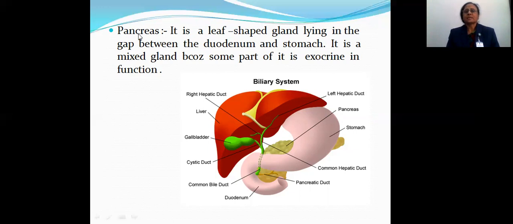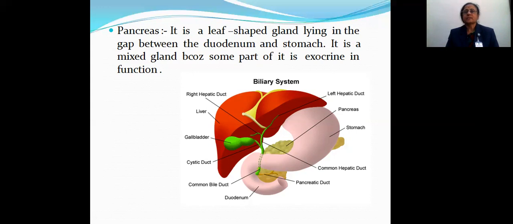The next part is known as the pancreas. The pancreas is a leaf-like organ. It is a mixed gland because it is exocrine as well as endocrine. It secretes pancreatic juice, and this pancreatic juice is poured into the digestive tract, so it is exocrine in function.